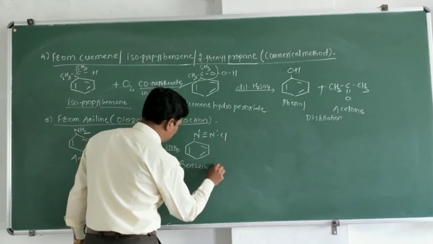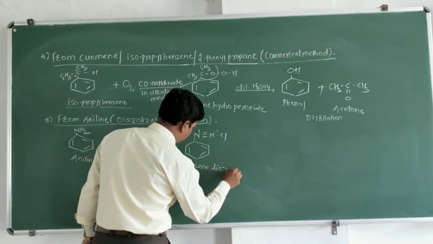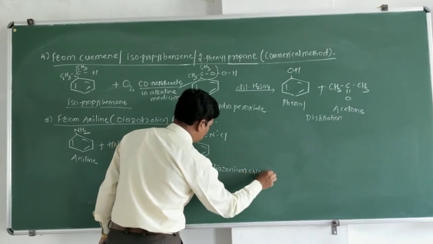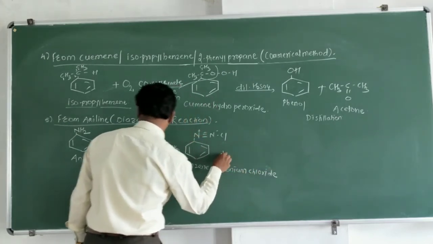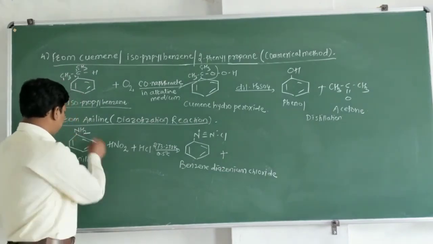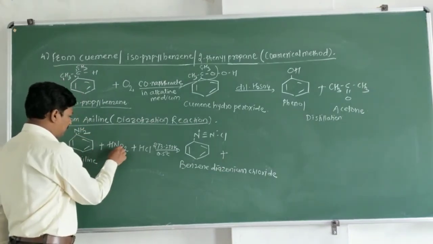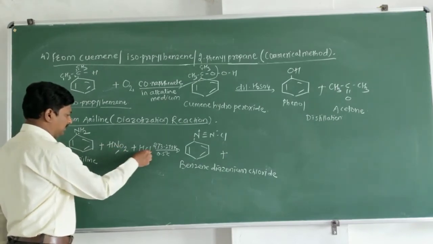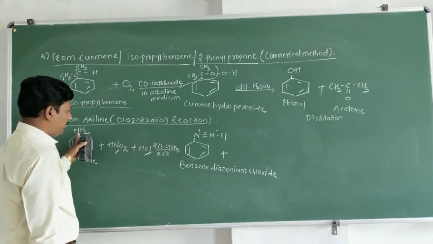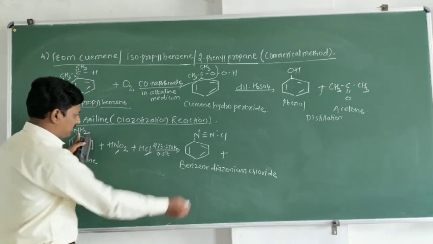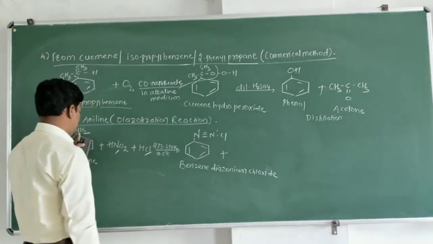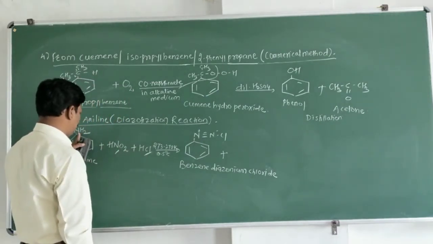Now here, from this NH2 the N, then from this NO2 the N, and this Cl get combined to form C6H5N2Cl. Okay, and this is the benzene diazonium chloride.